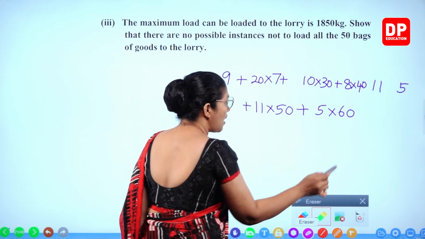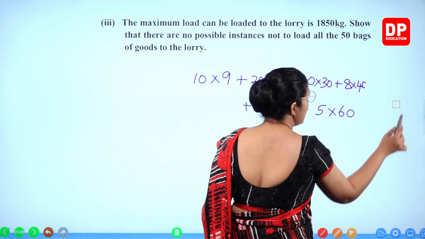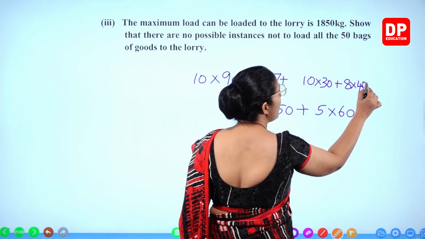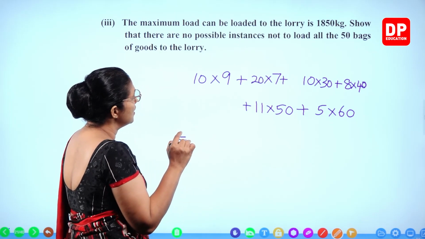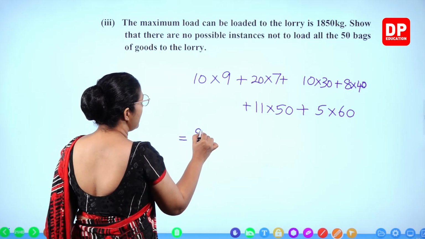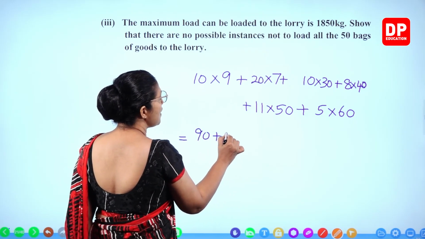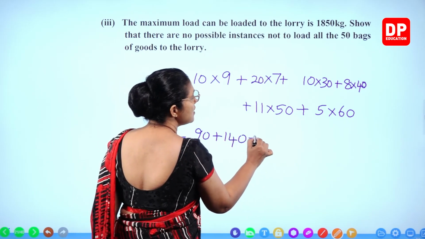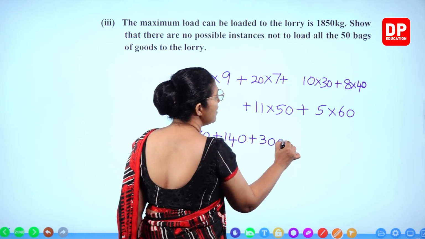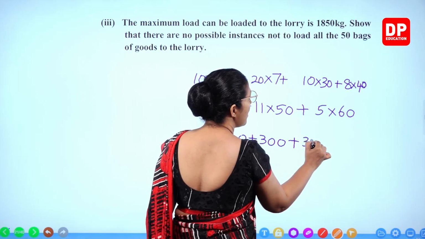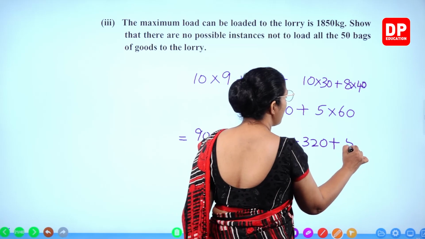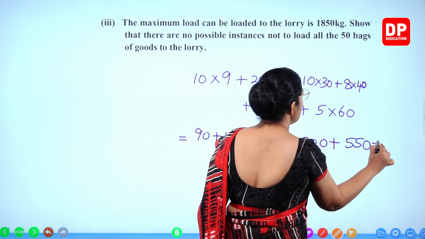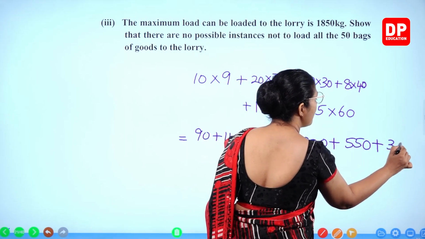So all upper boundaries, what happens? When you take upper boundaries, what's the value? What's the maximum weight? 10 times 9, 90. 20 times 7, 140. 10 times 30, 300. 8 times 40, 320. 11 times 50, 550. 60 times 5, 300.